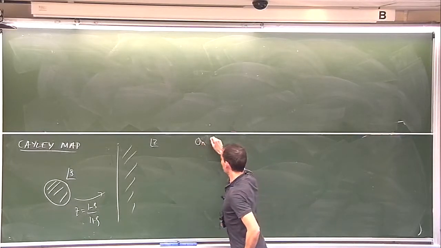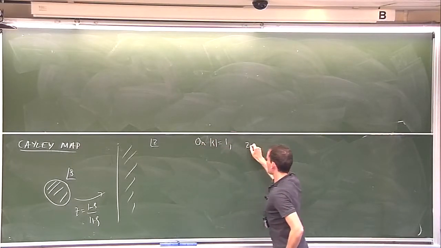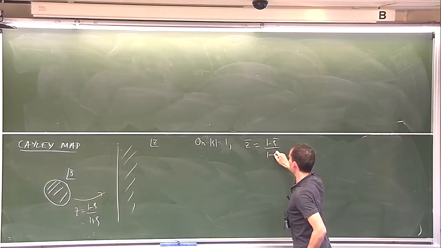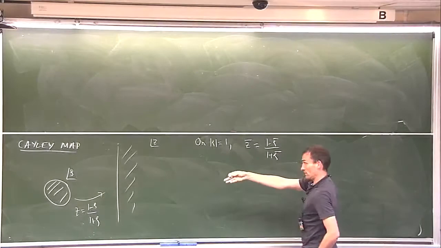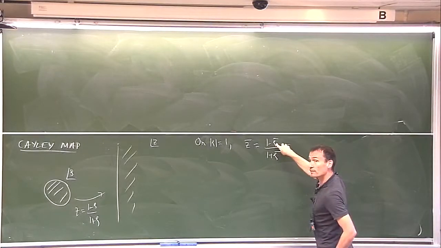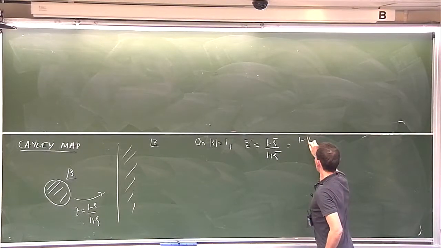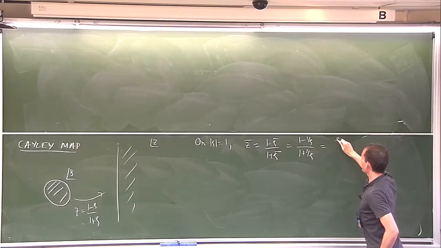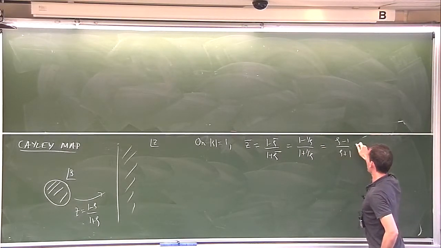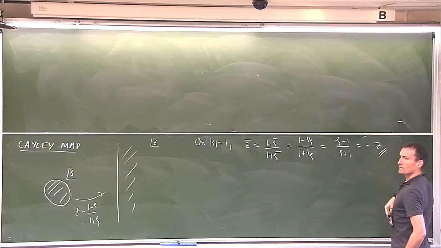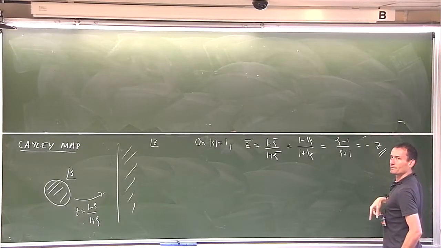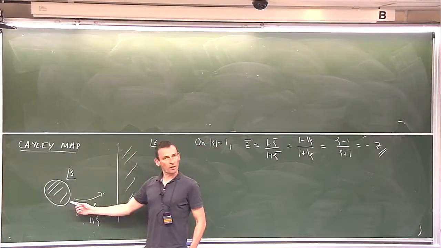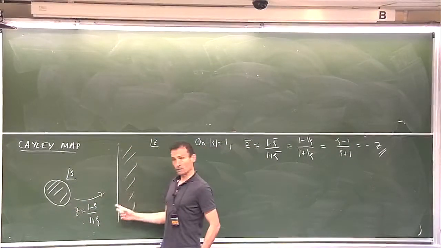So on |zeta| equal to 1, z bar is 1 minus zeta bar over 1 plus zeta bar. That's right. But zeta bar is 1 over zeta. So now remember you multiply up by zeta, and this is minus z. So on this circle, z bar is minus z, which means it's the imaginary axis.